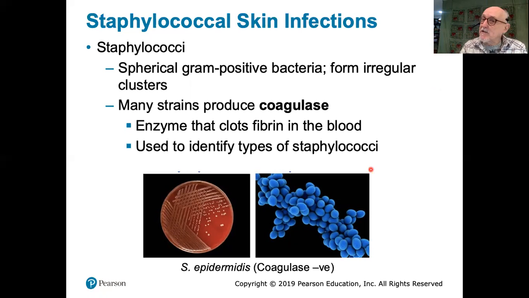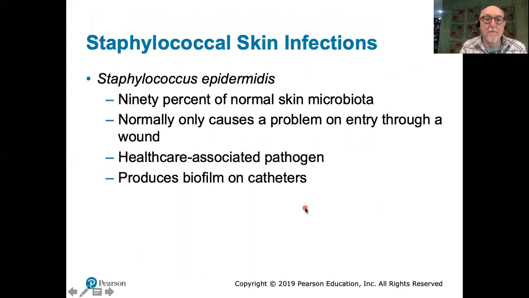As I say, there are many strains of these bacteria, and some of them possess virulence factors which make them much more likely to be pathogenic than others. This one shown here is Staphylococcus epidermidis, and just to remind you, they're cocci and staphylo, so they're in bunches, not in chains like streptococci as we'll hear, but in bunches like that.